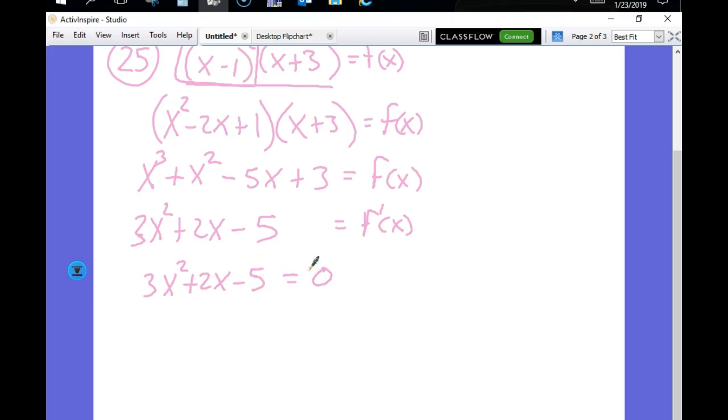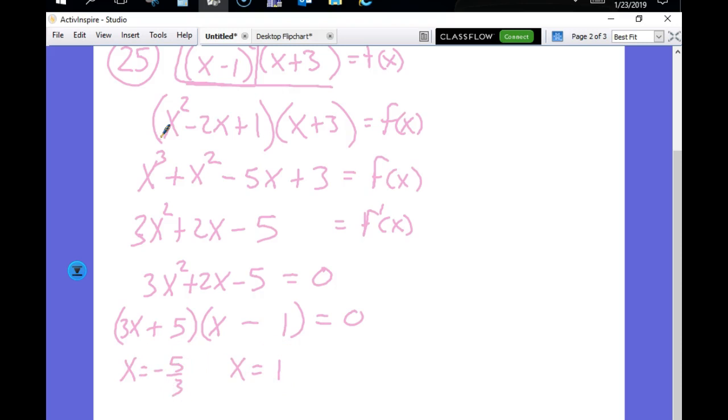It may not be. If not, we have to use our quadratic formula. There's another way we can do it on our calculator, but let's see if it factors first. Yay, it factors. Cool. All right, so we have x equals 1, and we have x equals negative 5/3.